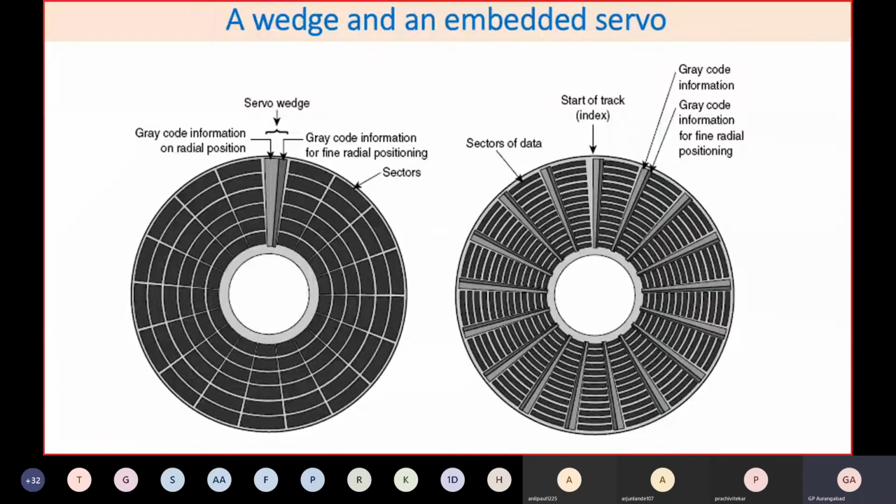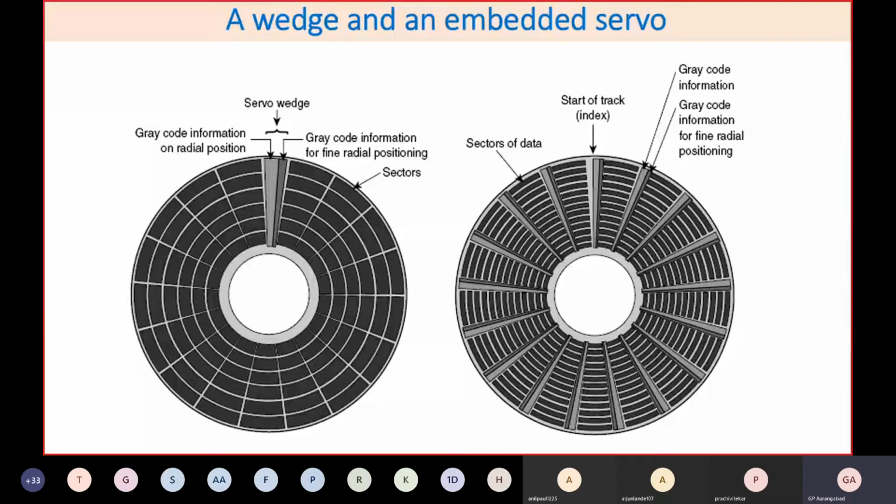As it is stored at the start of each sector, obviously your head can read this particular information more number of times, and it will get immediate corrective action and immediate feedback, and it can accurately reposition if there is any misalignment. This is the mechanism that is called an embedded servo mechanism.